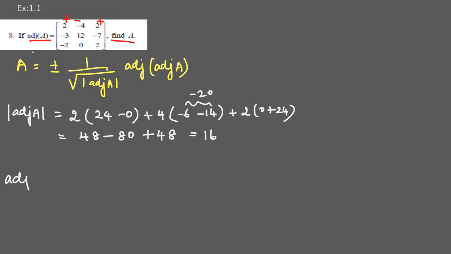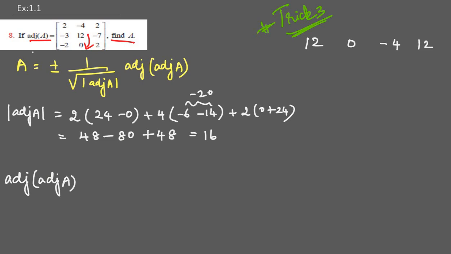Next, we are going to find adj of adj A. Here, as we have told, I'm going to give trick number 3 to find adj of adj A. So watch carefully here. Let me proceed with the second column. Second column, the middle element, we write it as 12, 0, minus 4, 12.